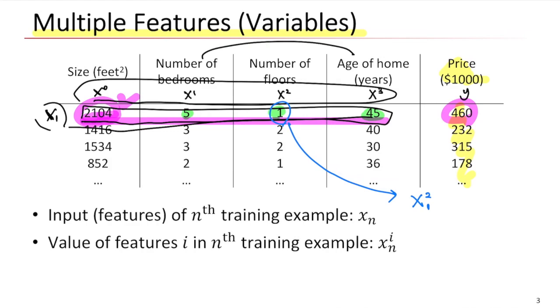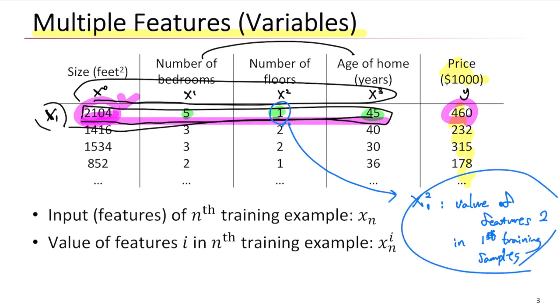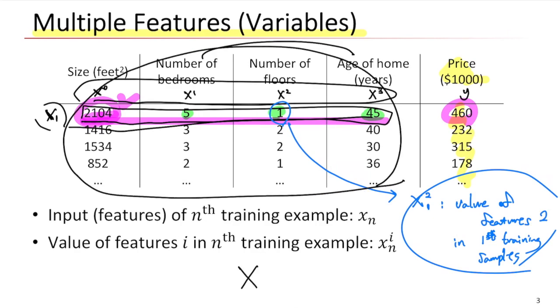It means this is the value of feature 2 in the first training sample. So if we consider multiple features, we can represent our input variable as a vector x, like this.